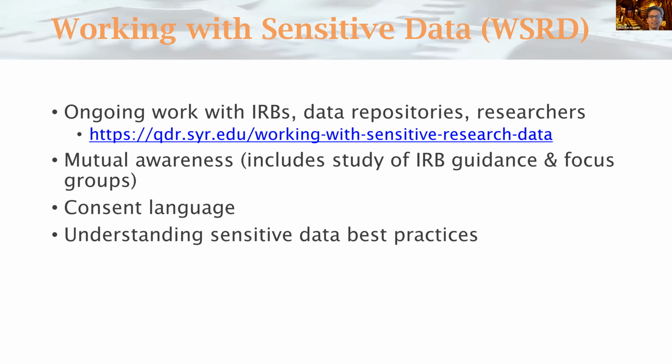But if we can't get people to deposit restricted data because IRBs don't fully understand it, that's a problem. So that's an area where we're currently working with both IRBs and increasingly researchers, because then if you think back to the informed consent, researchers need to be able to convey to participants what does restricted access mean, which is interesting, but also quite a challenge.